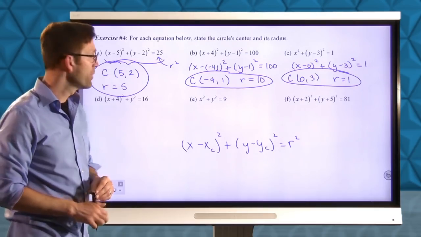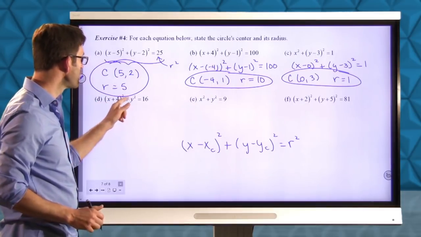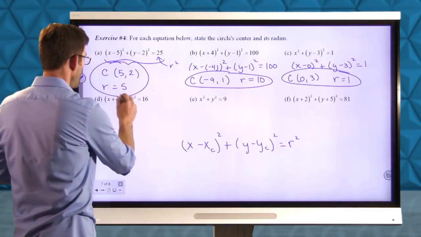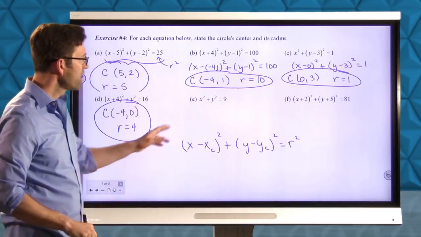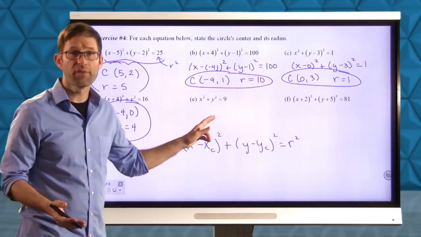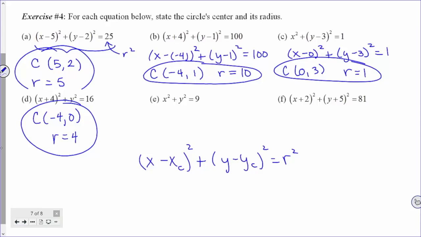All right, let's do it. Well, for this one, since we have (x plus 4) squared, let me get rid of a little bit of that so you can see it. Since I have (x plus 4) squared plus y squared equals 16, I can say that the center is at (negative 4, 0), and my radius is 4. All right? Here, we've just got a circle that's centered at the origin. x squared plus y squared equals 9.